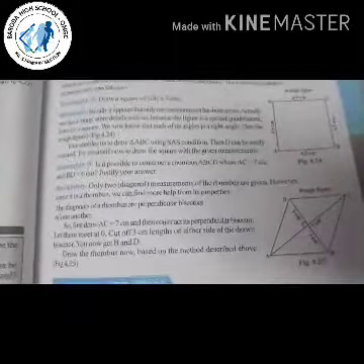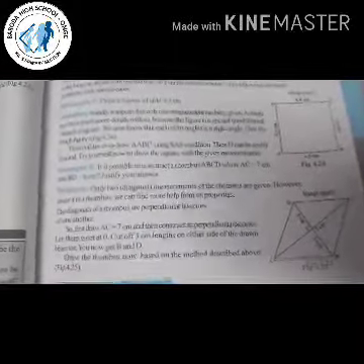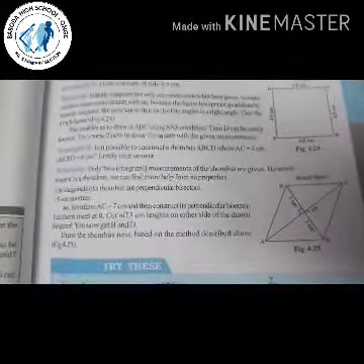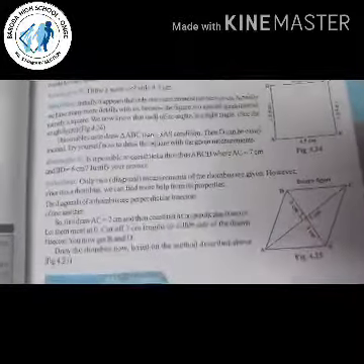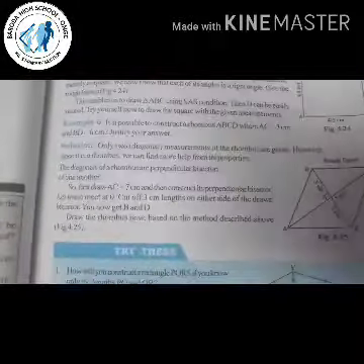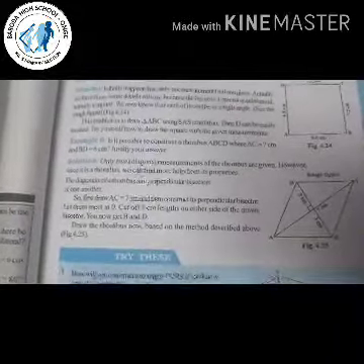We did one kind of sum like this in 4.2. Whenever we bisect them, we'll get the four ends: two ends of one diagonal and two ends of the other diagonal. So hence we can draw rhombus ABCD when only diagonals are given.